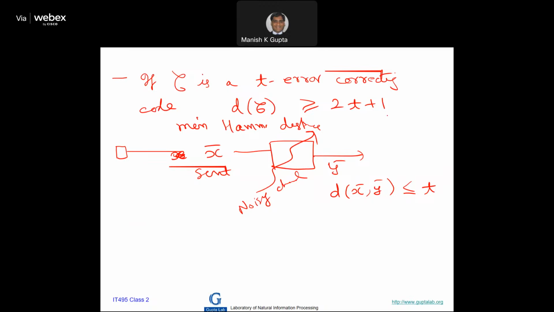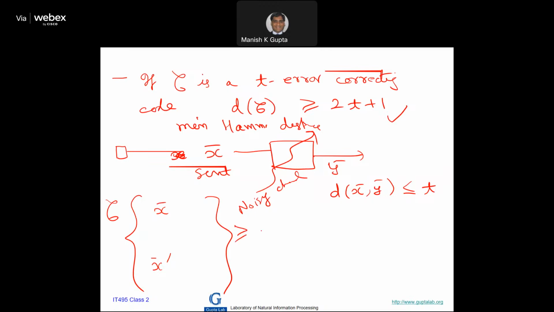Now, we know that the minimum distance of C is 2T plus 1. So let us look at what happens inside our C. X is a vector which was sent, and suppose X prime is another vector in C. Then we know that the distance between any two vectors in C is at least 2T plus 1, right?